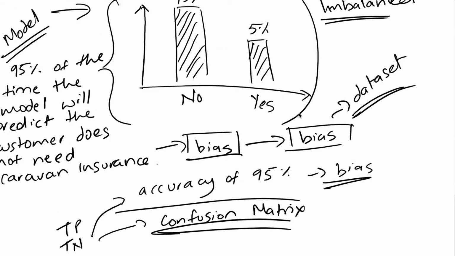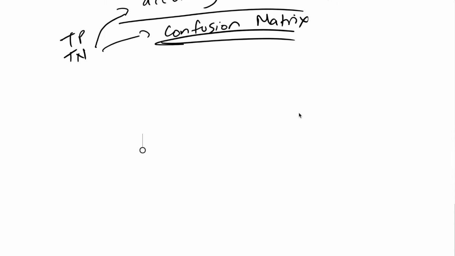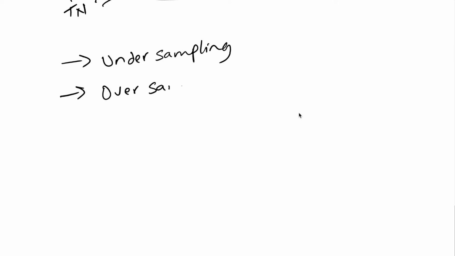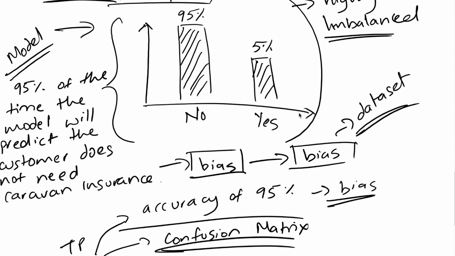But as of now, it's very important for you to understand that if you have a highly imbalanced data set, you can perform two things. You can either do undersampling or you can do oversampling. Now in undersampling, what happens is that you are basically decreasing your numbers of no's.